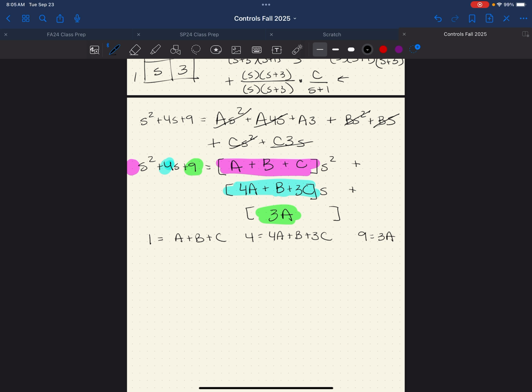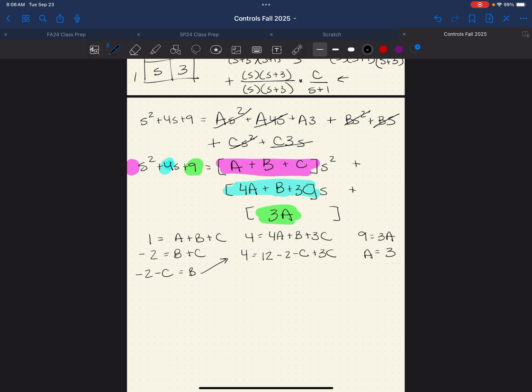So if we divide by 3 here, we can say that a is equal to 3. That means if I plug that in maybe in the first equation, I should get minus 2 equals b plus c. Let's maybe solve for b here. So minus 2 minus c equals b, and we can plug that in the middle equation. So we'll get 4 equals 12, because I plugged in a equals 3, minus 2 minus c plus 3c.